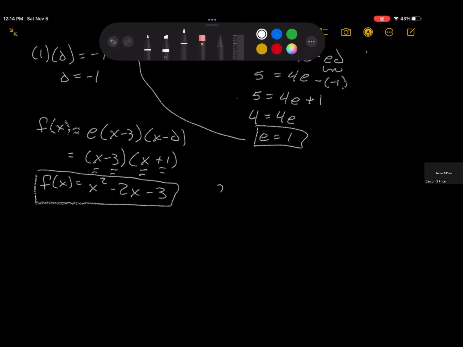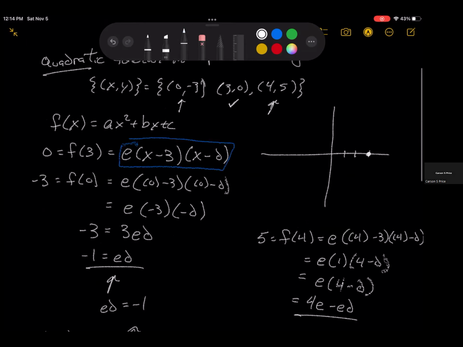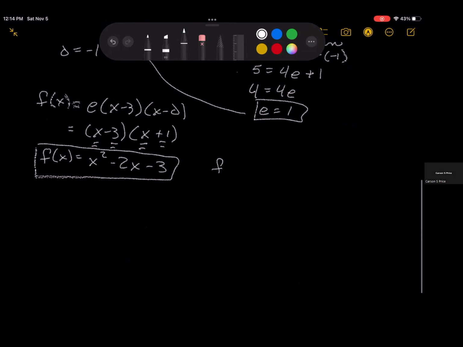Let's see. Does the function at 0 give you a minus 3? Yes, right? If I look at this function right here and I plug in zeros for all those x's, 0 minus 0, I'm left with a minus 3. So this is true.